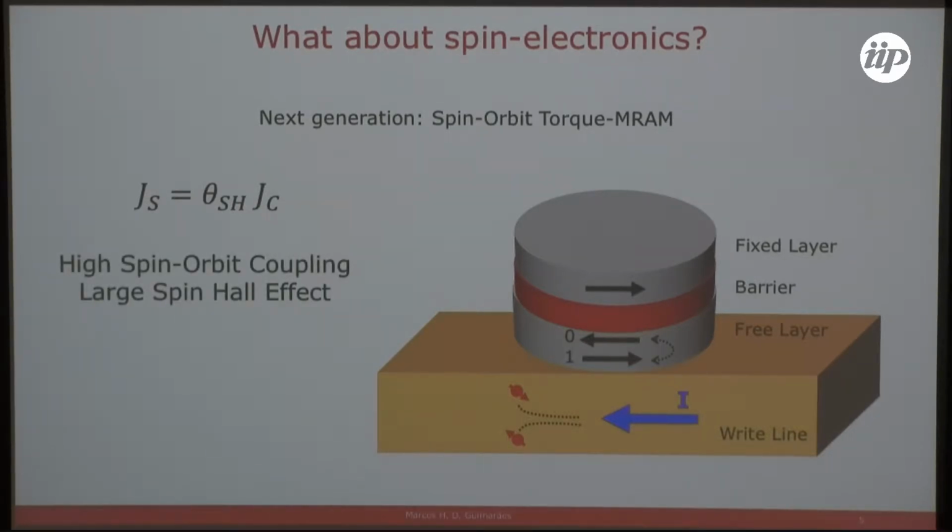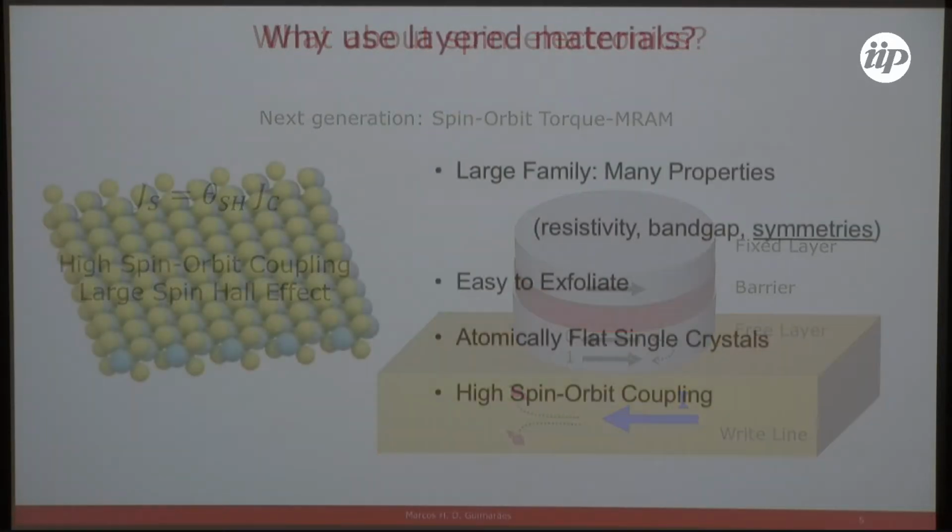For that, we need a very high spin-orbit coupling in the material that makes up the write line to get a very large spin Hall effect. But as I'm going to show you, the symmetries of the write line actually do affect the properties and the types of torques that you can apply. So sometimes playing with the symmetries will give you an extra knob to tune these effects.